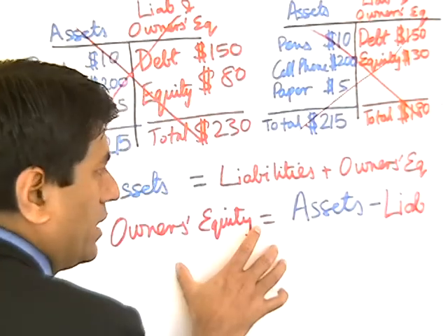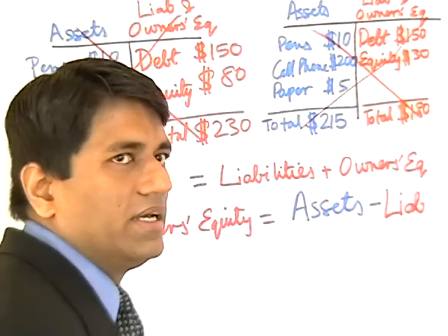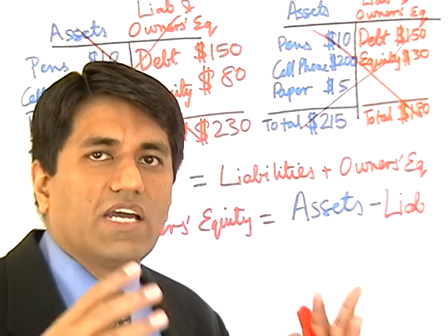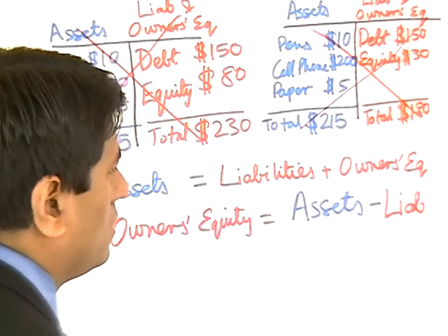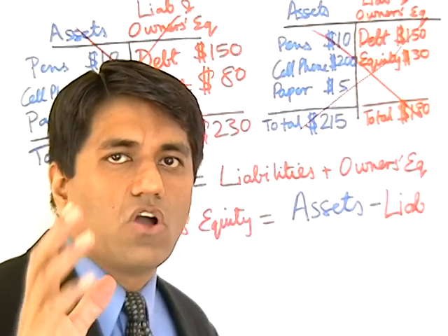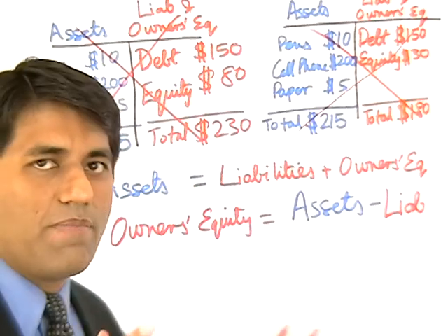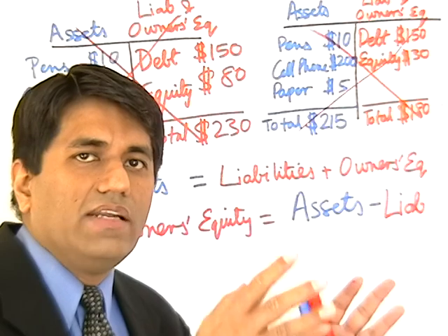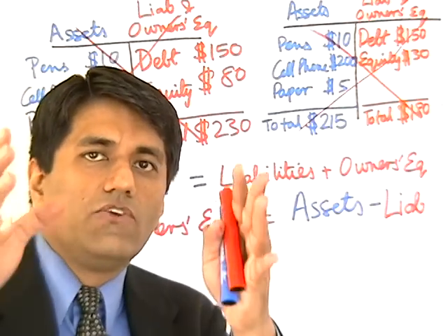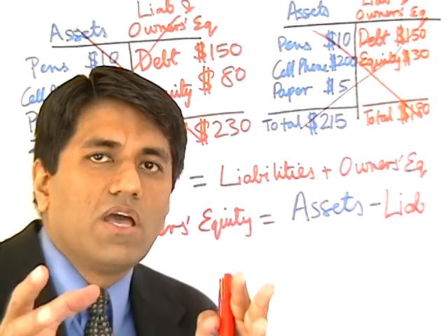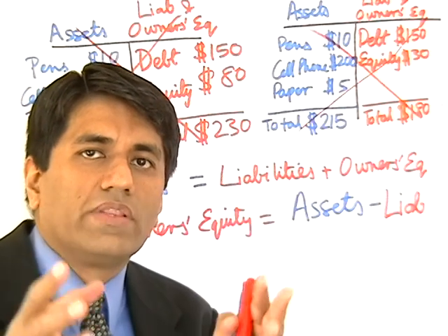So the equity holders own whatever the value of the firm is minus all the claims on the firm which are classified as liabilities. So this is the first concept that you should have about accounting, that a balance sheet balances because on one side you have a list of assets and on the other side you have a list of claims on the firm, the value of these claims according to the accountants.